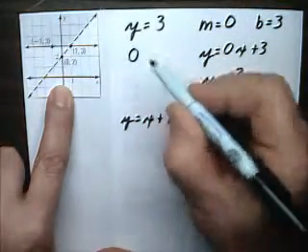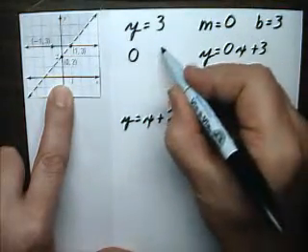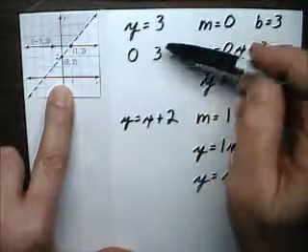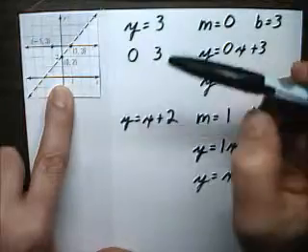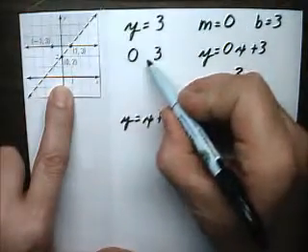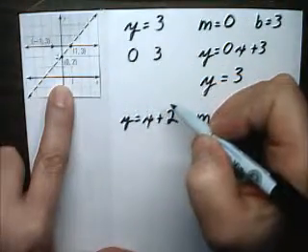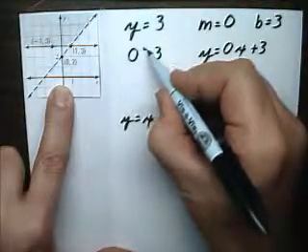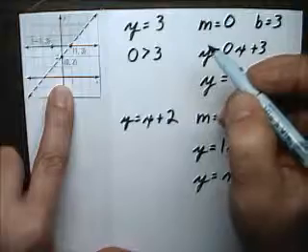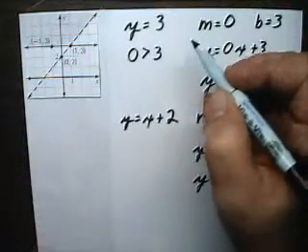then when I put in 0 for y, I have to put in the inequality symbol that makes this false. So if I put in less than, 0 is less than 3, that's true. So I have to put in this one. 0 is greater than 3. That's false.